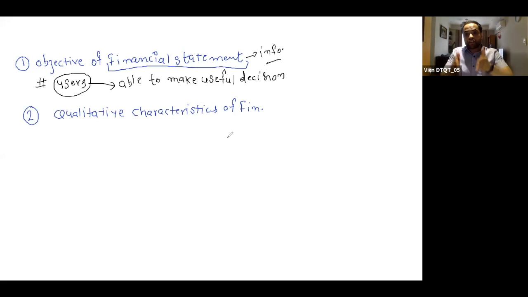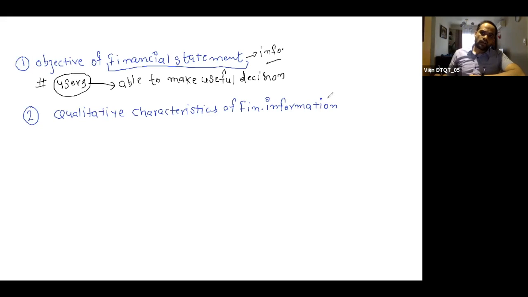Remember, financial information comes from financial statements. So users use financial information to make decisions, right? So what should be the characteristics of this financial information? What should this financial information look like, all right?